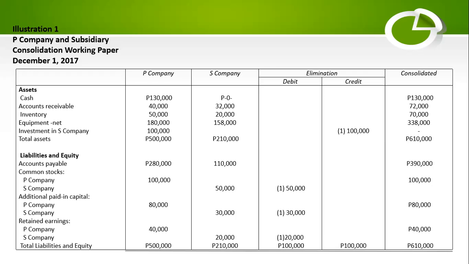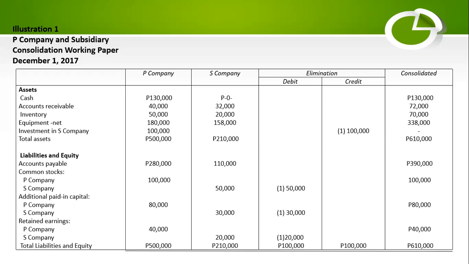So the total is 100,000, equal to the investment in S company. So, credit investment in S company for 100,000, meaning we have now the elimination of the shareholders' equity account balances of the subsidiary, which equals the investment in S company.